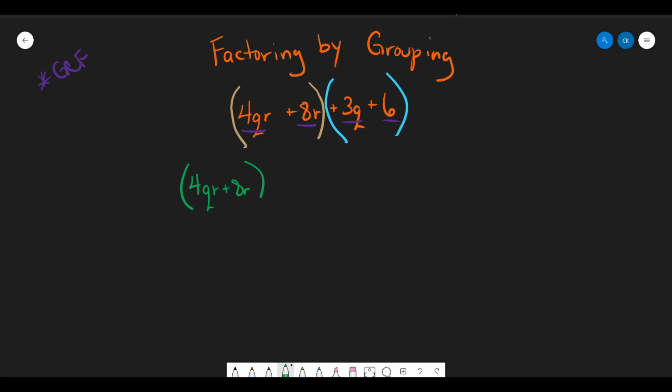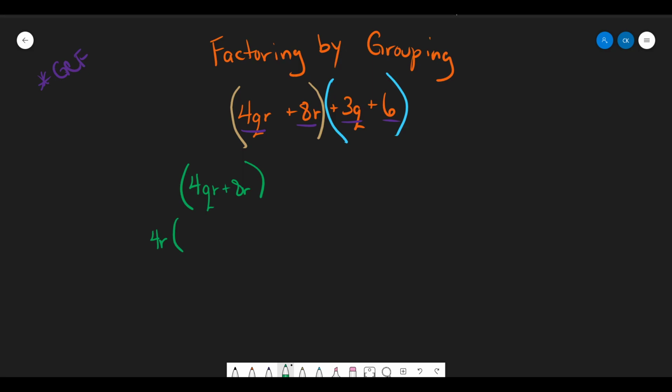Now the answer to that question is yes. 4 and 8 have a common factor of 4. So I factor out a 4. The first term has a q, but the second term doesn't, so I don't factor out a q. The first term has an r, and the second term has an r. They both have an exponent of 1, so I'm going to factor out an r to the first.